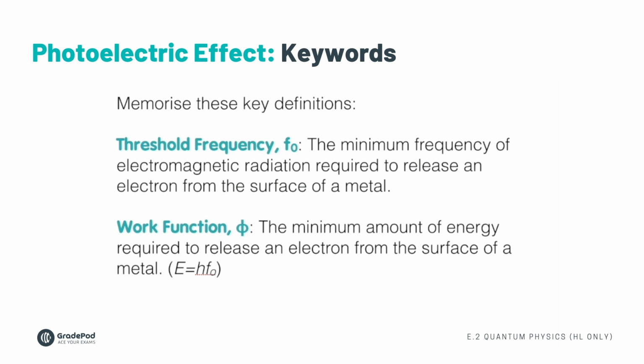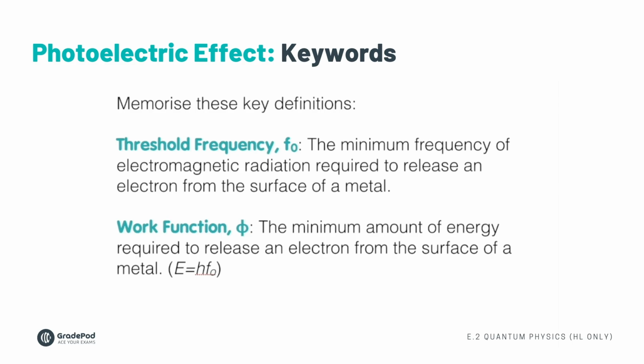And work function is the minimum amount of energy required to release an electron from the surface of a metal. We know the energy of a photon is E equals hf, so the work function, which is the minimum energy required to release the electron, must be E equals hf naught. And f naught is the threshold frequency.